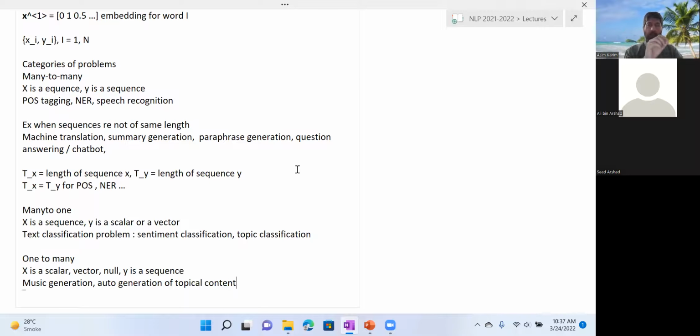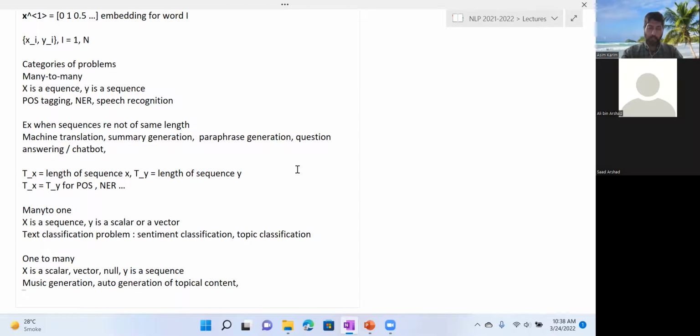So X might be a vector that describes that I want a passage on, let's say, a biographical passage on some person, let's say some cricketer, let's say Babar Azam, for example. So that is an input, and of course that's a vector. Just telling him that I want a passage on Babar Azam, the output, of course, would be a complete passage, which is a sequence of words. Okay?